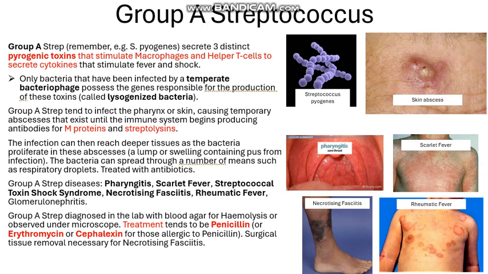If you want to learn what toxic shock syndrome is, have a look at the second video on staphylococci, where we talk about the toxins that they produce, because we talked about how staphylococci produce toxic shock syndrome toxin.